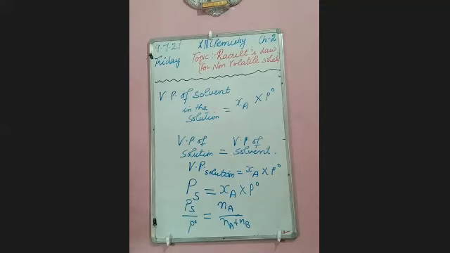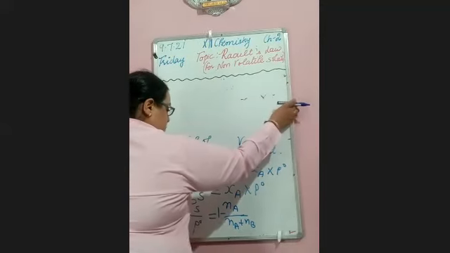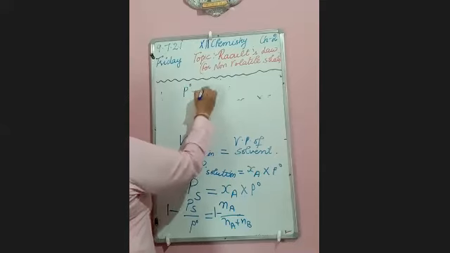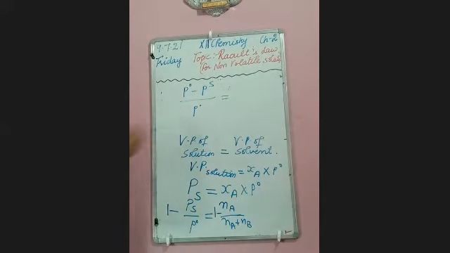Now subtracting one from each side: one minus here and one minus here, it will be equal to, taking LCM, it comes out to be P naught minus Ps over P naught equals this.